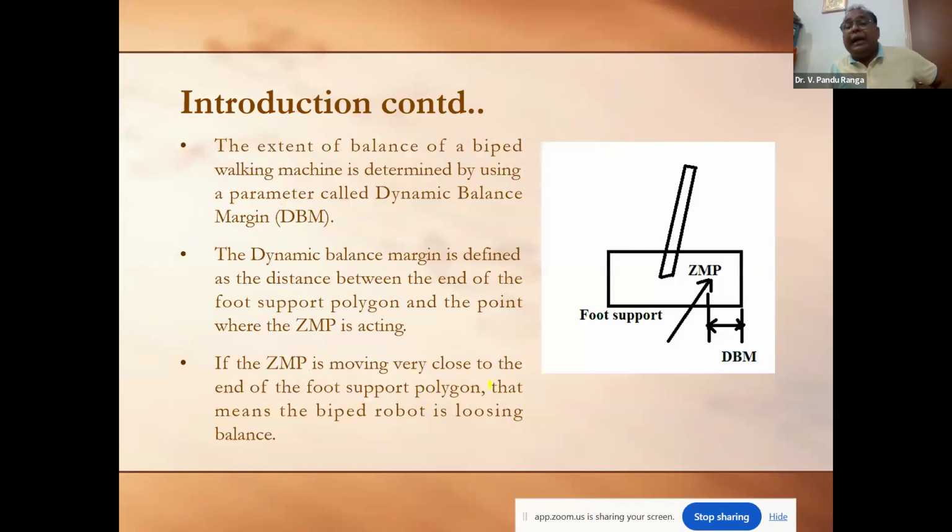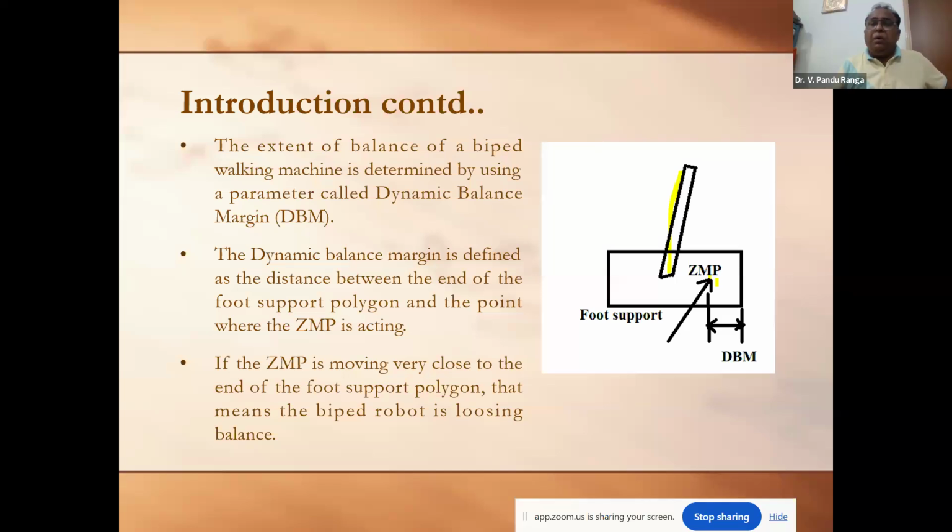Now if you observe this diagram, here we could see this is the single support phase, this is the leg extension, and this is the point where the ZMP is acting. ZMP means zero moment point, on the foot support polygon or the foot ground interaction surface. About this point, all the moments generated by various links will be equal to zero. That is called the zero moment point.